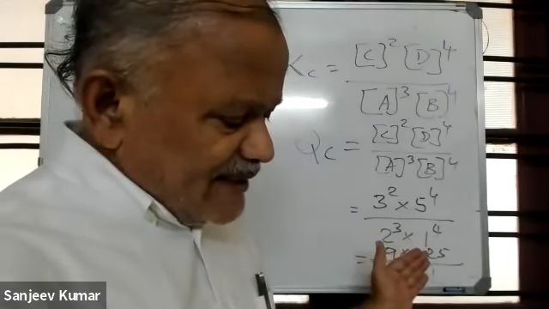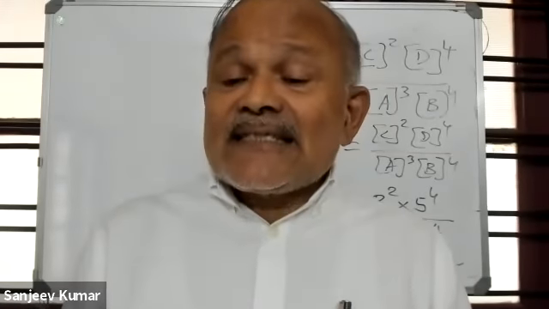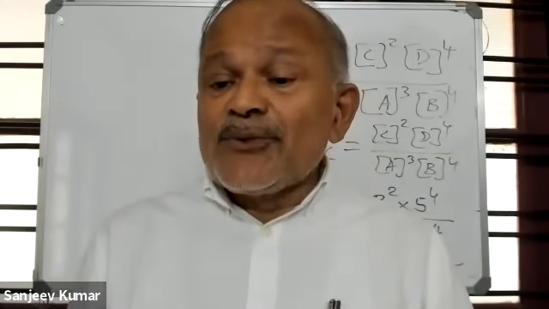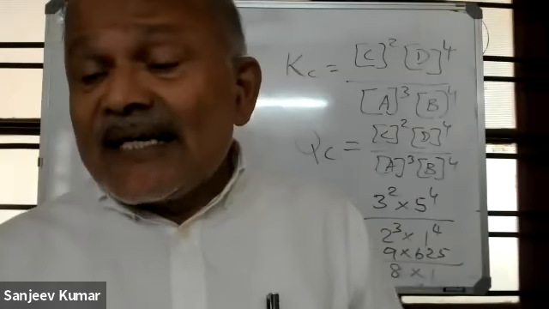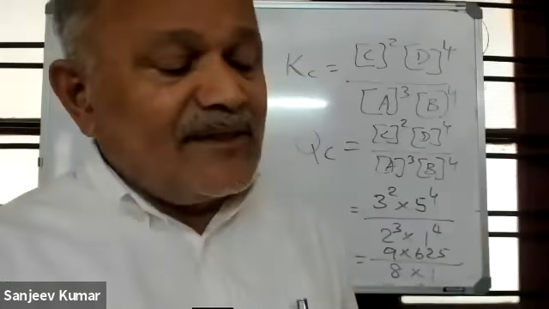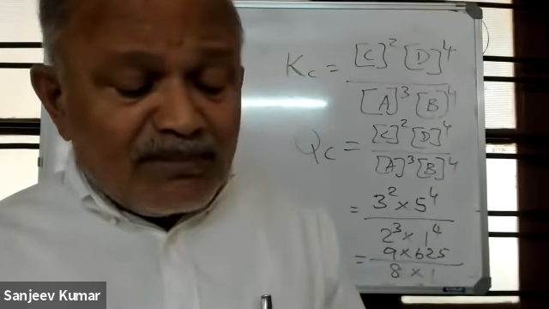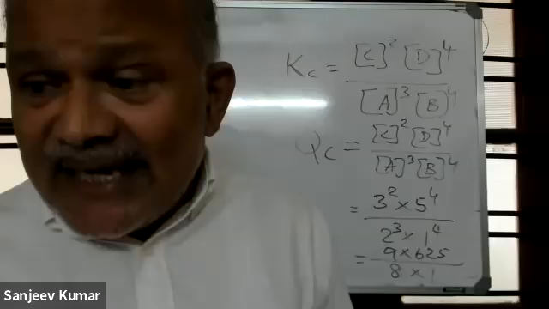What is the equilibrium constant? It is 120. That means Kc is less or Qc is higher. And if Qc is greater than Kc, definitely the backward reaction will initially take place. Therefore, the answer is will proceed in backward direction. Choice is A.